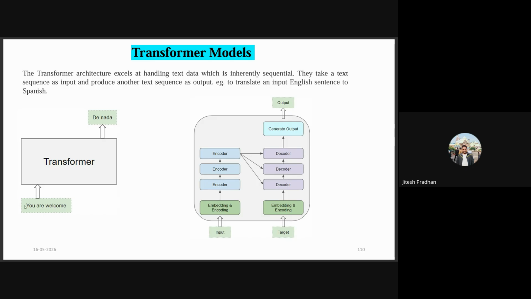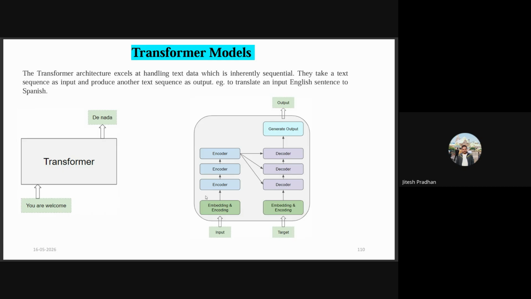Our target is to translate "you are welcome" into another language. In a transformer, it will take the entire input at once with the positions also. We will see how positions will be given, and it will generate the output in the form of another translated thing. Okay, up to this point, it is clear.